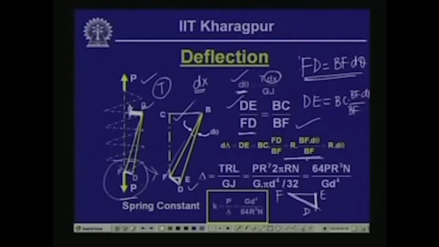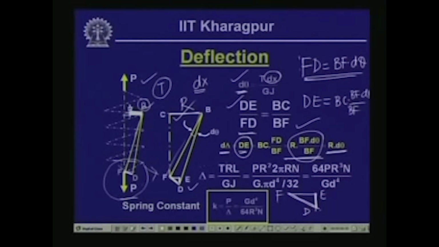The distance BC, as you can see, is nothing but the mean radius of this spring coil, and this is R. So, this expression becomes R times d theta, and mind that this is the vertical component DE, which is generated because this segment AB is undergoing a twisting moment T. This we call a small deformation d delta.